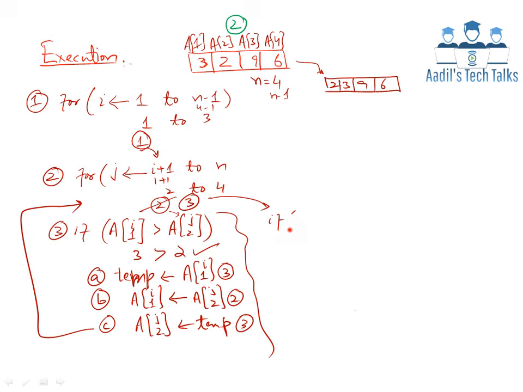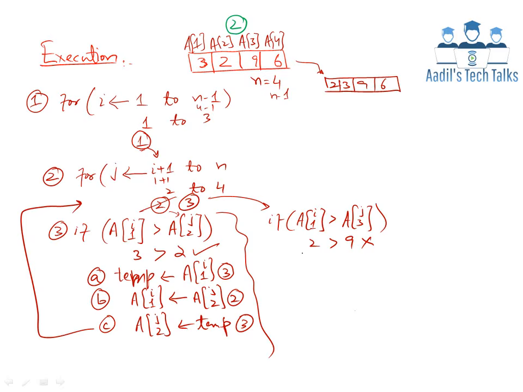If A[i] is greater than A[j], i is 1, j is incremented to 3. On A1 now we have 2 is greater than 9? No, 2 is not greater than 9. Okay, so there is no change. Swapping will not be executed.